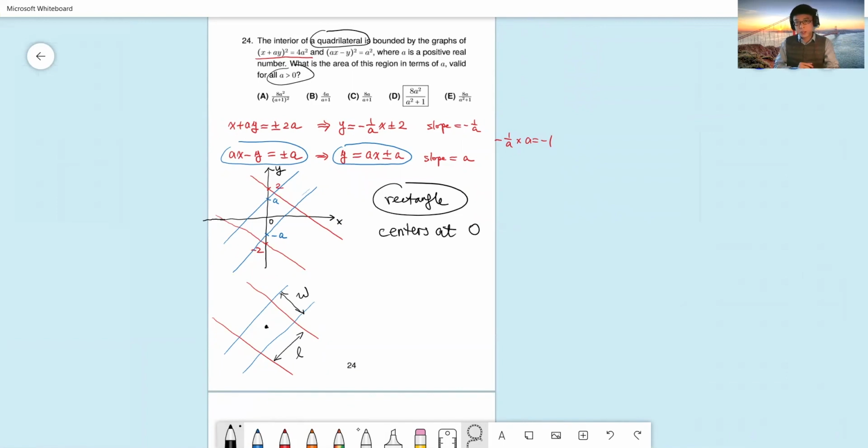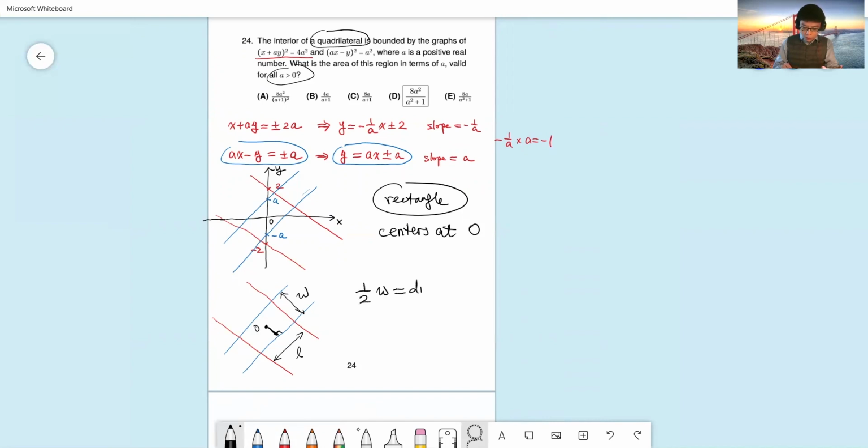Here we can use the distance from a point to a line to find the length and the width. For example, the distance from the center to this line is 1/2 of the width.